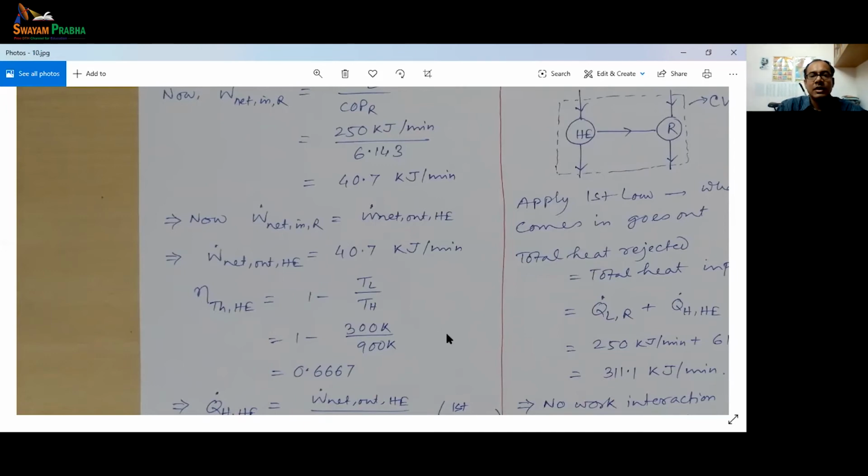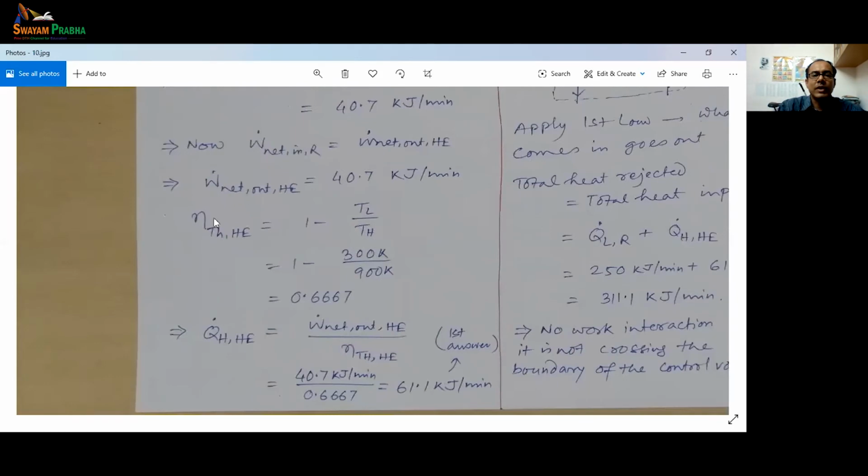Now we can also find out for the Carnot heat engine what is the thermal efficiency, and thermal efficiency depends only on the reservoir temperatures for a Carnot engine. So we can find 1 minus TL by TH, the thermal efficiency of the Carnot heat engine.